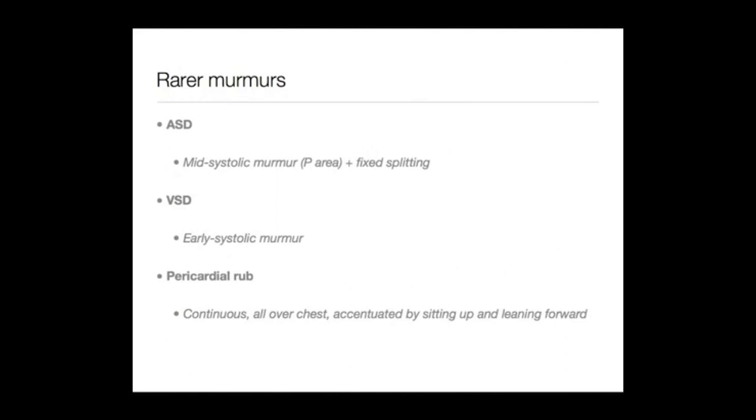The cardiac friction rub is usually continuous and is heard diffusely over the chest wall. It is accentuated when the patient sits up and leans forward, and may also be accentuated during inspiration. It is characteristically likened as being similar to the noise made when walking upon freshly laid snow.